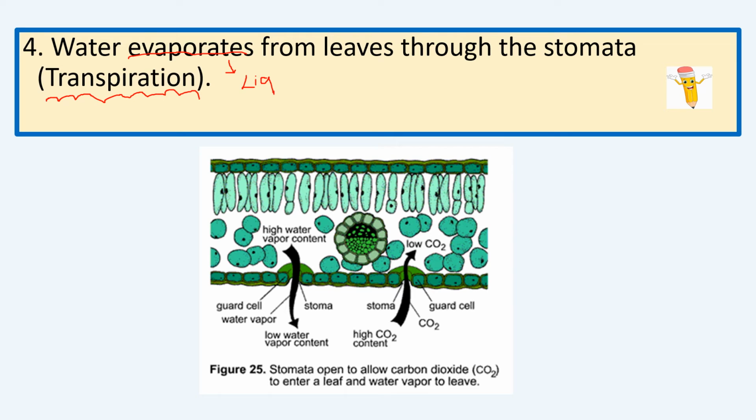So liquid to gas. So transpiration is the evaporation of water through the stomata, so from the leaf. So the stomata, remember, are these little holes. So make sure you know this before you move on.